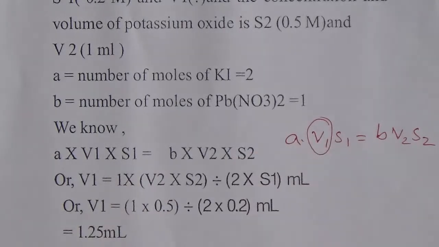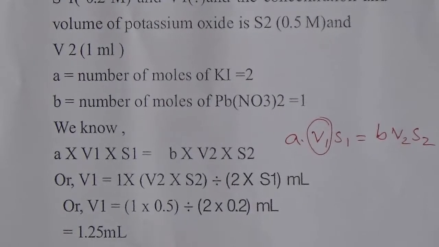By cross multiplication, 1 multiplied by V2 S2 divided by 2 multiplied by S1, and after the calculation we will get 1.25. That means 1 ml of 0.5 molar potassium iodide can react with 1.25 ml of 0.2 molar lead nitrate.